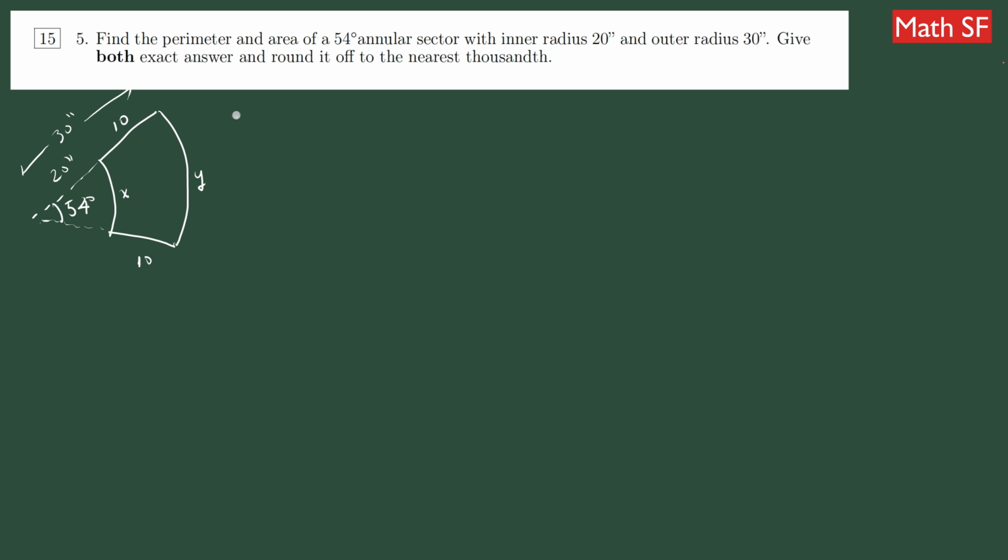So to find the arc length, let's focus on the inner circle first, which has a radius of, what is the radius of this guy? Radius is 20. So I'm going to set up a proportion: sector is to full circle, in degrees, as the arc length.